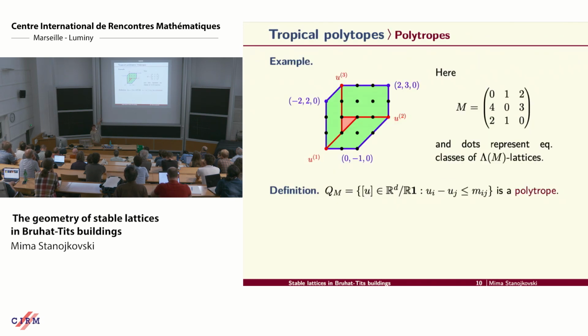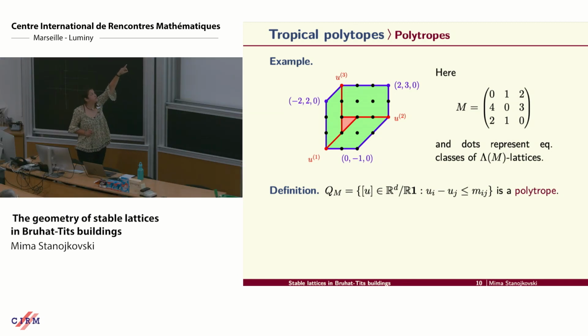Let's see it once more, but in a different language. That guy, I forgot to comment, but if you stare at it, that is a polytope. And you could ask, is this always the case? That this is always a polytope? Well, the answer is yes. And actually, it's even more.